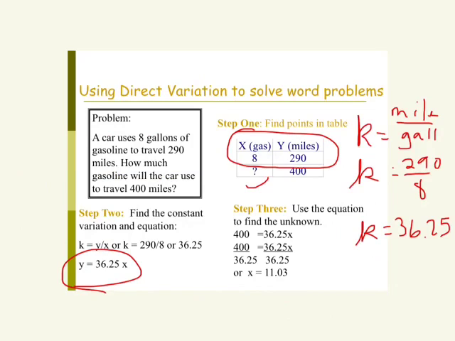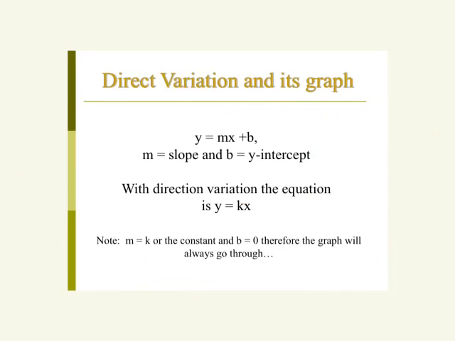Now, we want to find how much gas would be needed to go 400 miles. So we substitute that in for our y, and we solve, and we find that we need 11.03 gallons of gas. Now, this is a direct variation. This is one method of solving a direct variation, is using the direct variation equation. You could also use a proportion.